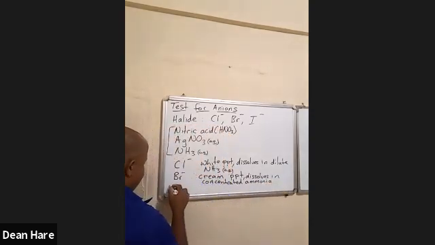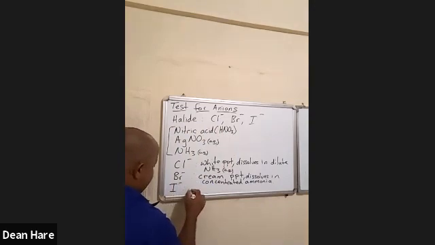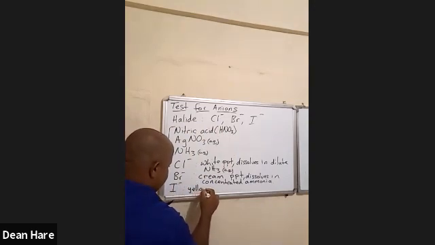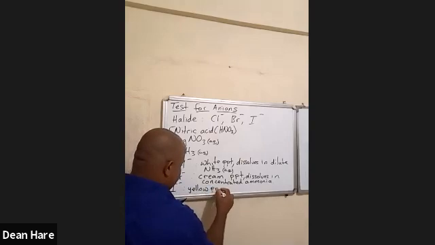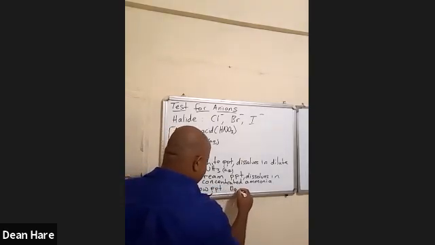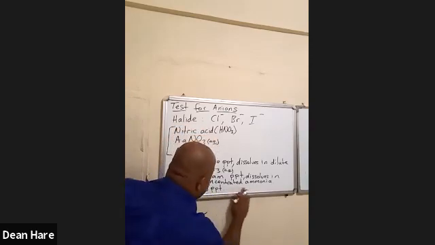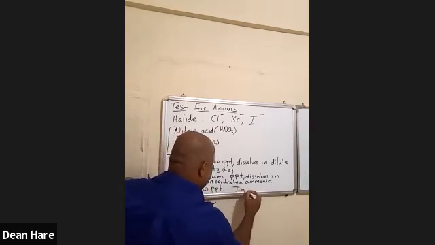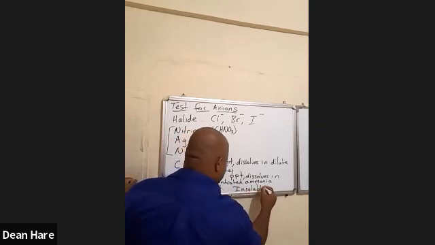And for the iodide ion, you will get a yellow precipitate, and it does not dissolve. So let's just put insoluble.